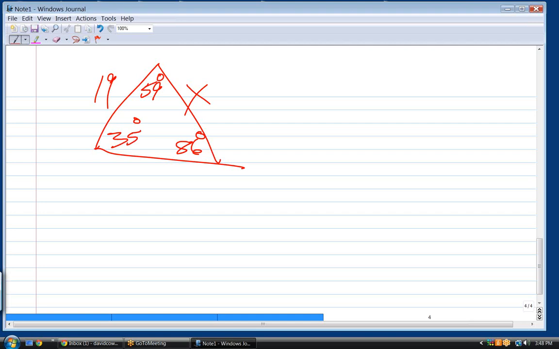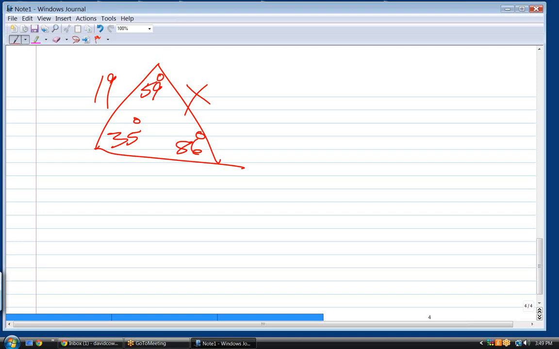I got 35. When I add 59 and 86, I get 145. Then I subtract that from 180, I get 35. So whenever they give you two angles, they're really giving you all three angles.